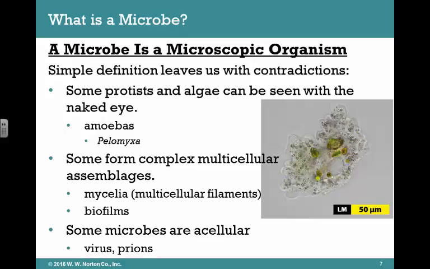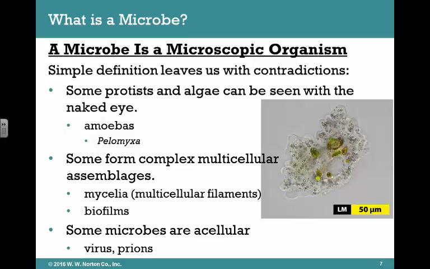So, for example, some microorganisms can actually be seen with the naked eye, so they aren't invisible. And others are able to grow multicellularly, and so again, we can see them without any tools to aid in making them bigger so that we can see them.